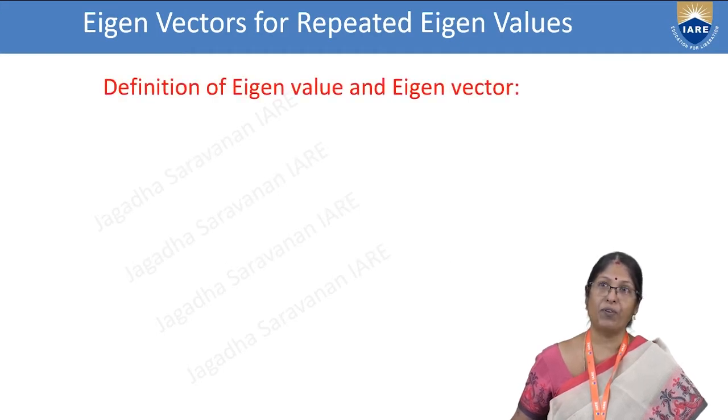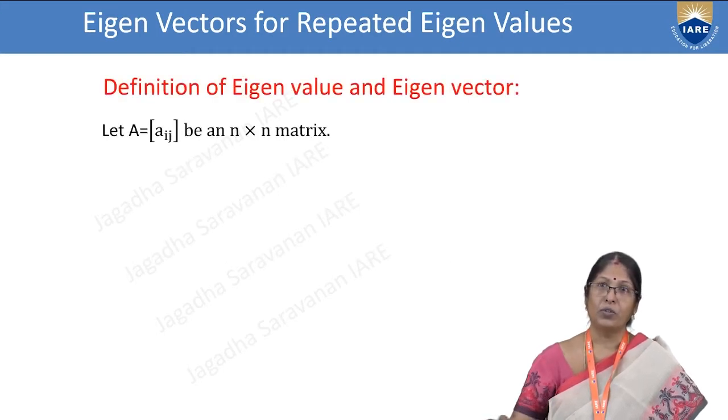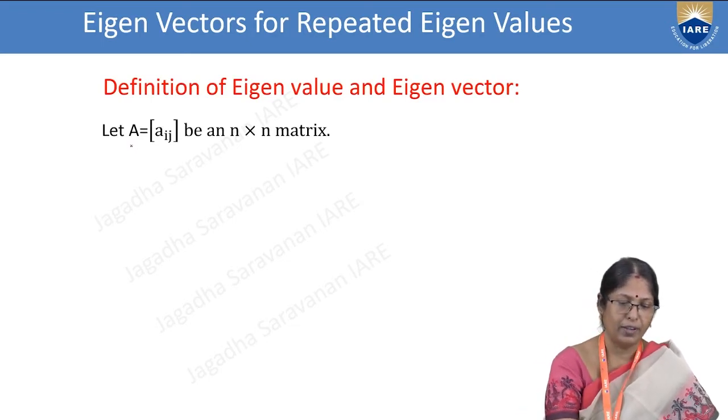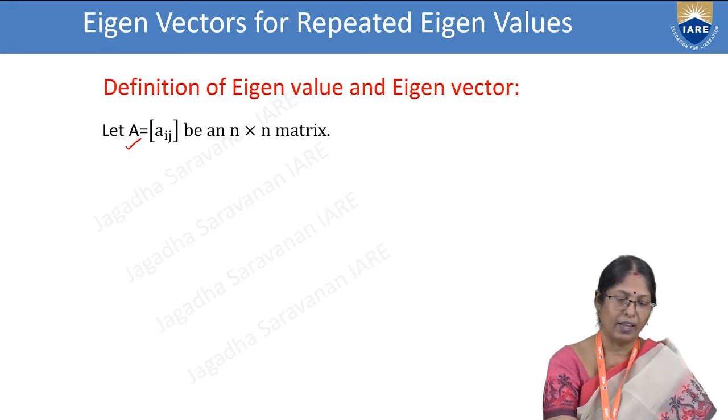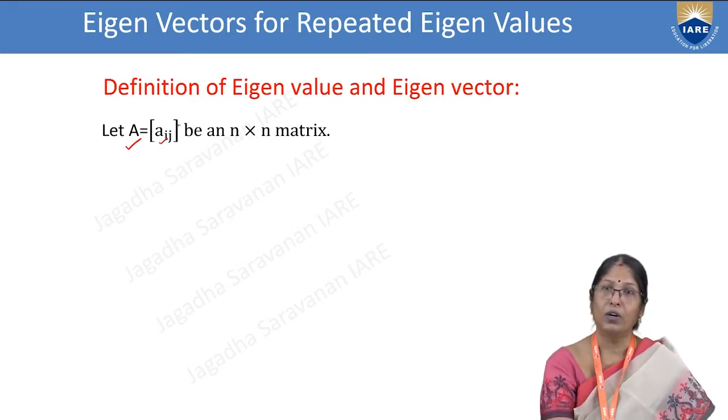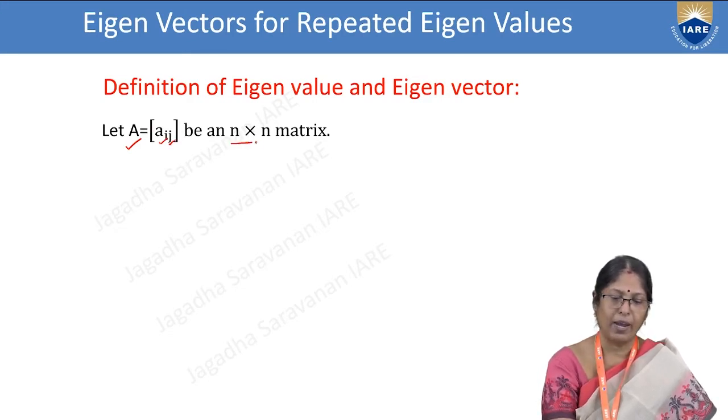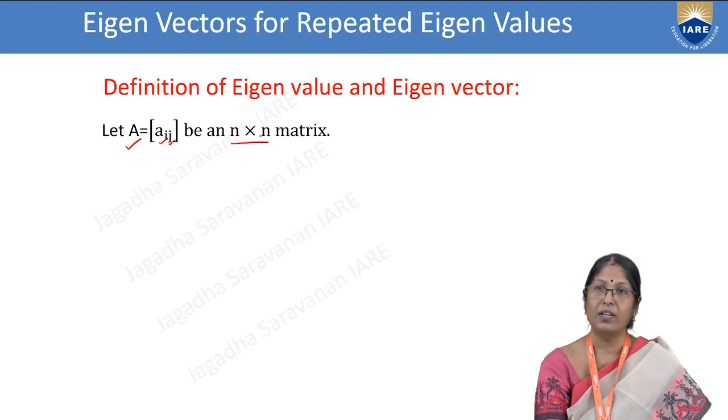So, the definition of eigenvalue. Let capital A equal to A_ij. Capital A is nothing but our given matrix. I stands for row, J stands for column, N by N is a square matrix, that is, the number of rows and number of columns are equal.